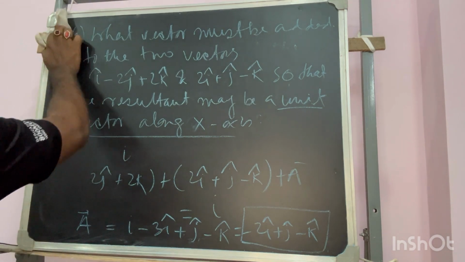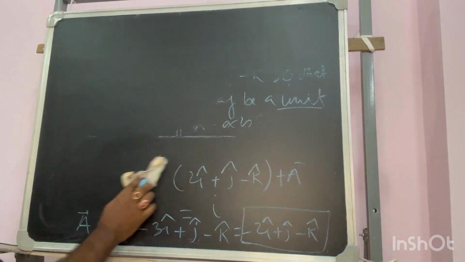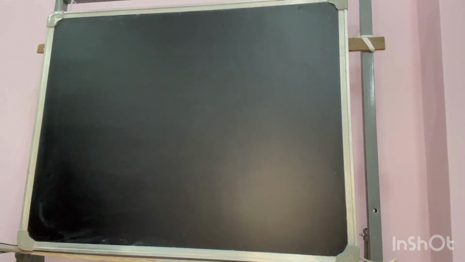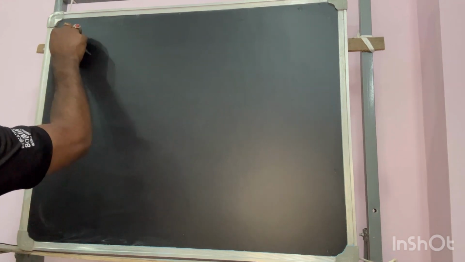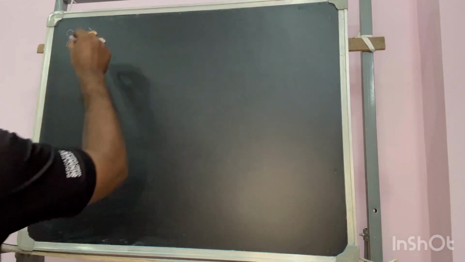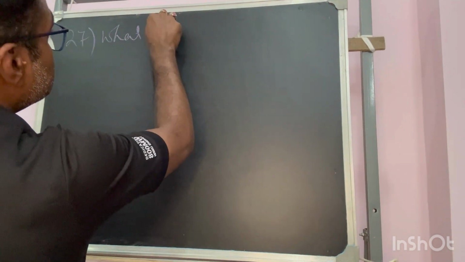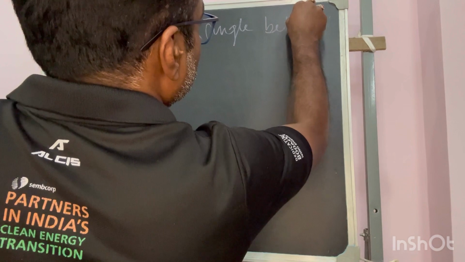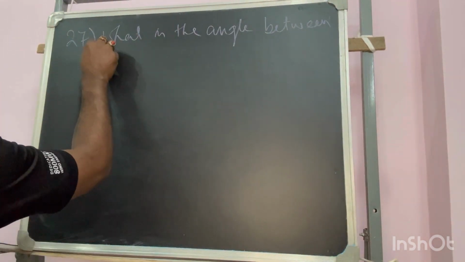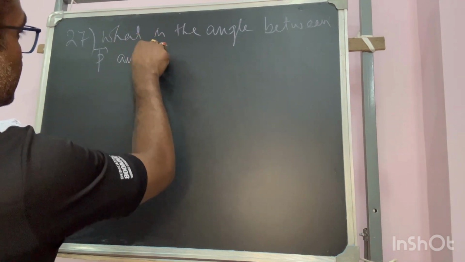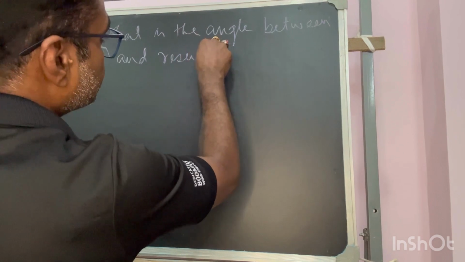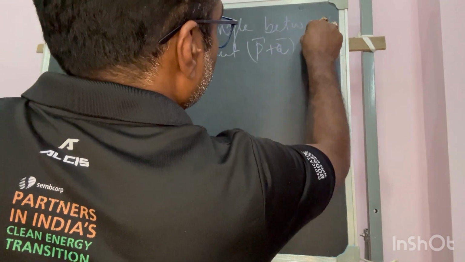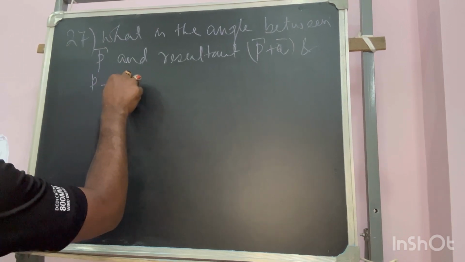Okay, moving to problem number 27. What is the angle between the P vector and the resultant of P plus Q and P minus Q?